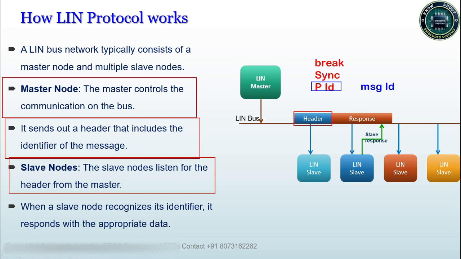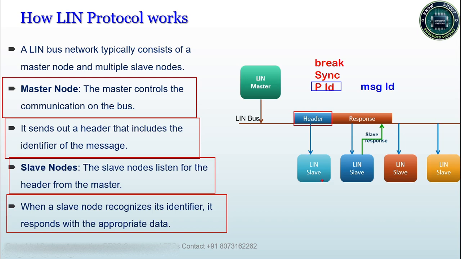The slave node listens for the header from the master, and whenever it recognizes an identifier, that means each LIN slave will be assigned one particular message ID, or maybe more than one also, it is fine.